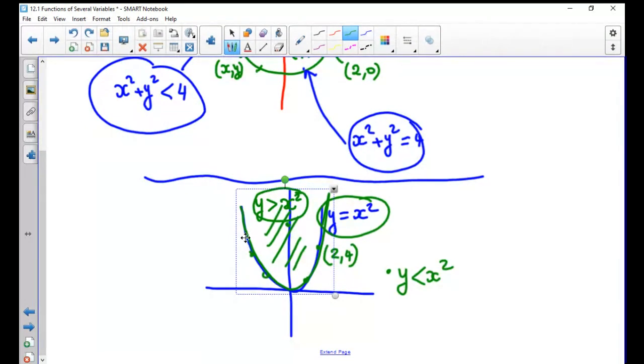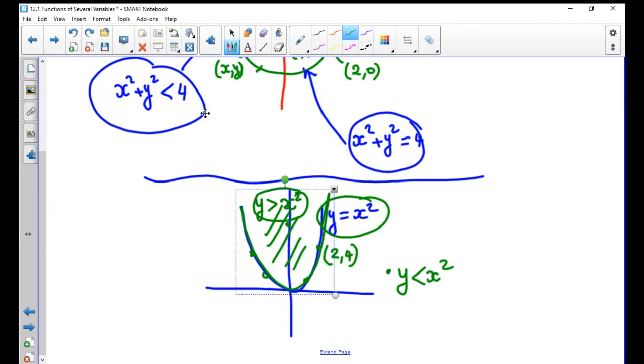So any curve divides the plane into how many regions? 3 regions. On the curve, it's equal, whatever the equation is. Then one region will be less and the other region will be more. Same thing with lines, etc.